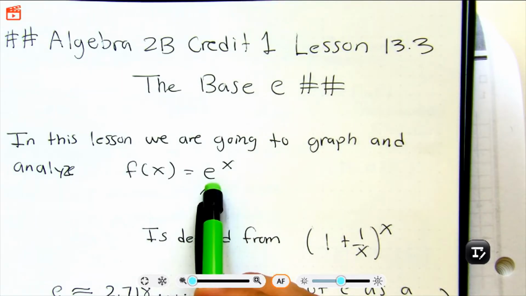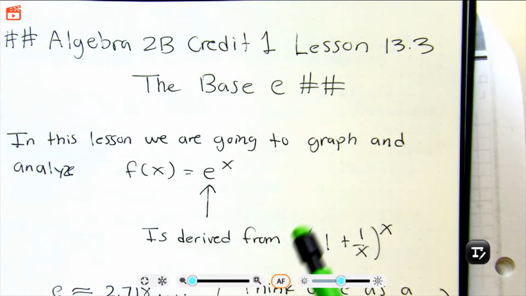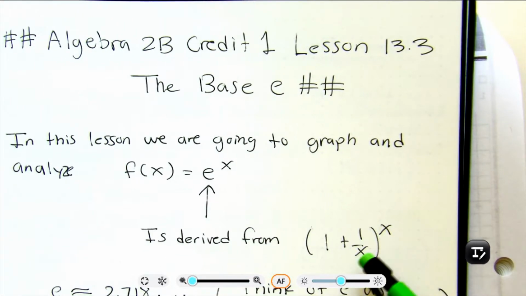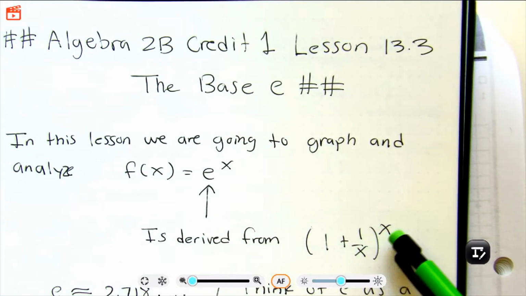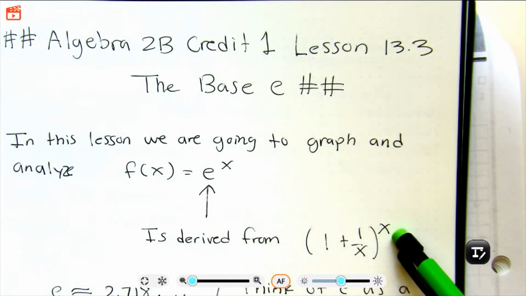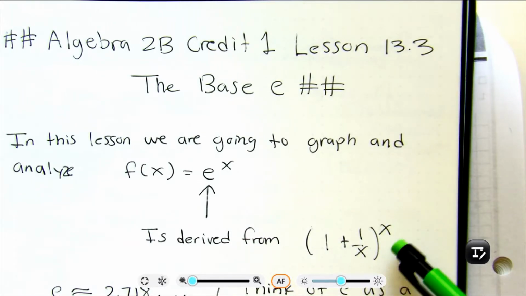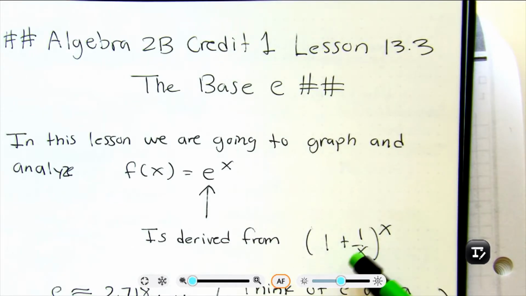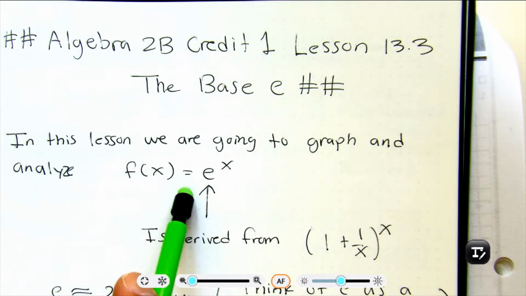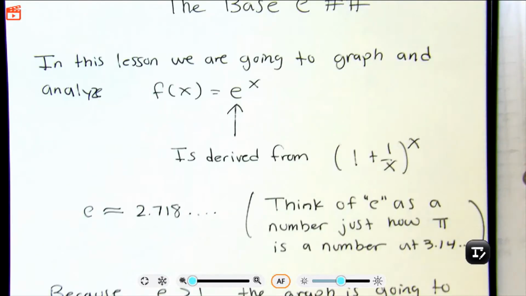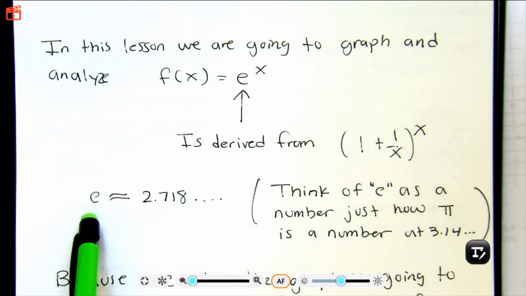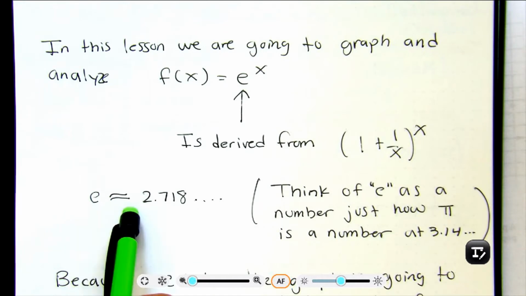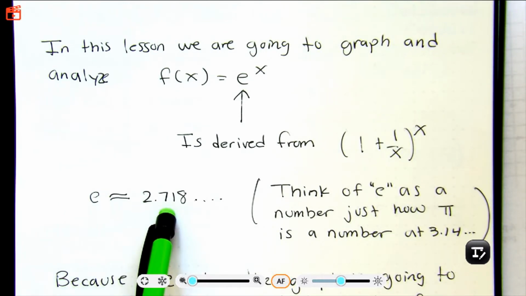Now, e is derived from this equation, which is (1 plus 1 over x) to the x power. As x increases, this approaches a number, and that number is e. e is called a constant, and it is approximately 2.718, and it goes on forever.